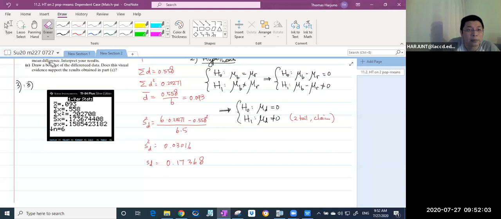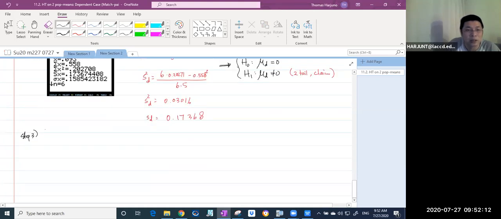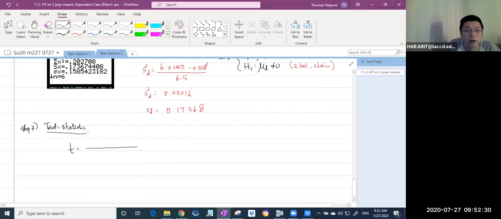But then your step 3, let's do step 3 here. Test statistic. T equals, what's my mean again? 0.558 minus 0, right?